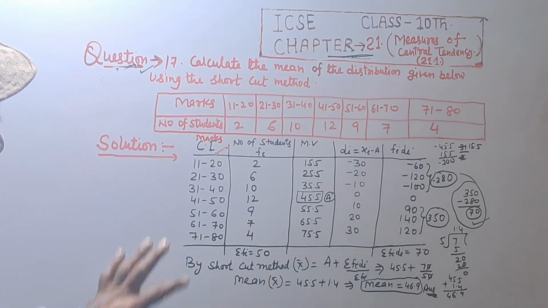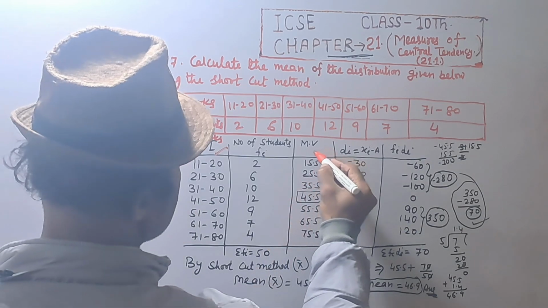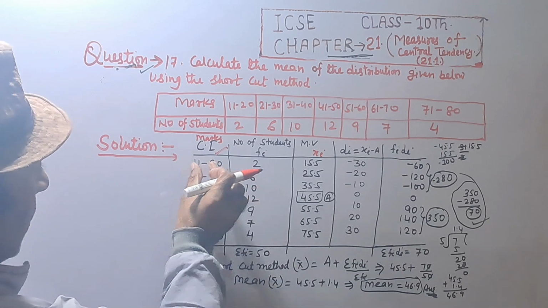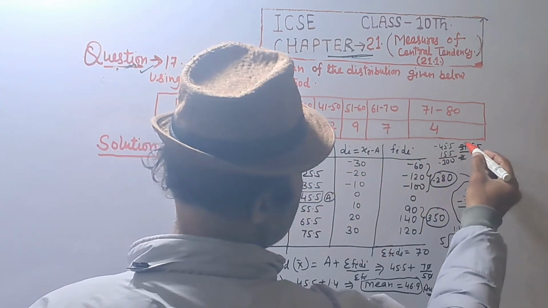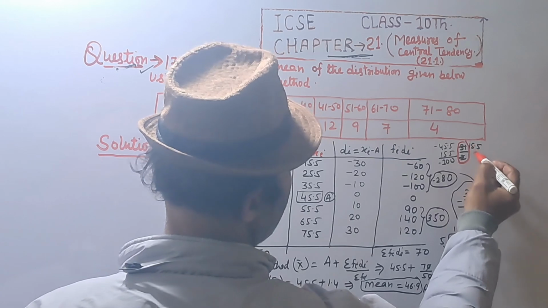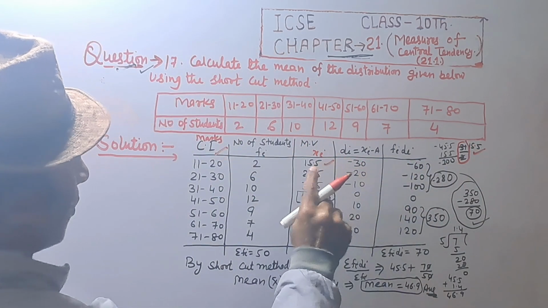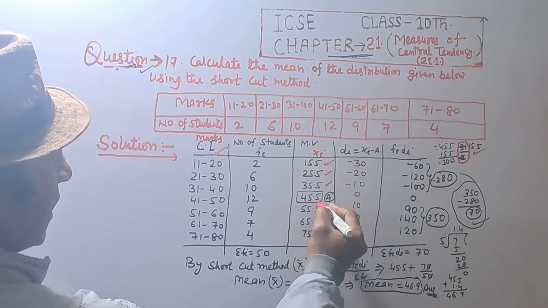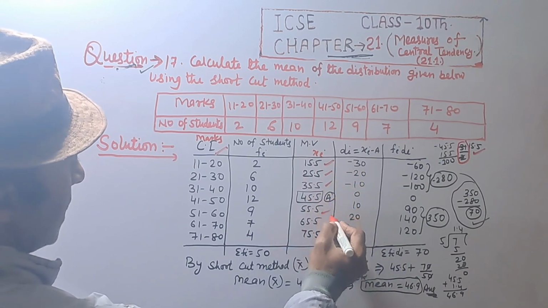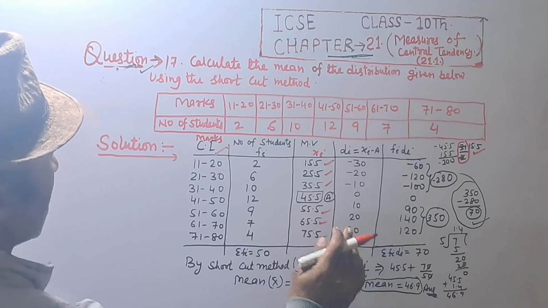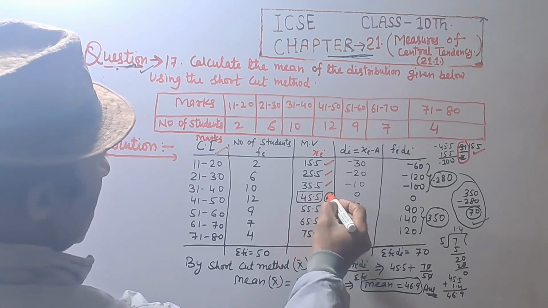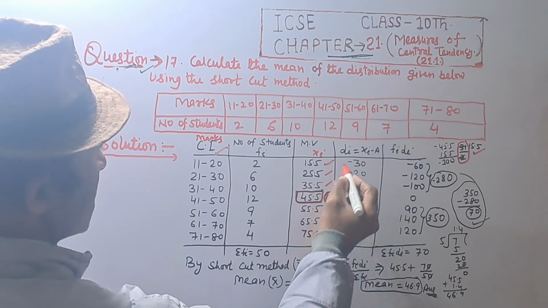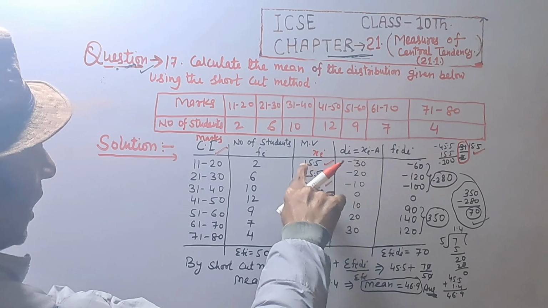Mid value is xi. 11 plus 20, that is equal to 31, and 31 divided by 2 is 15.5. First number is 15.5, then 25.5, 35.5, 45.5, 55.5, 65.5, 75.5. Let A is assumed mean, that is equal to 45.5. So di equal to xi minus a.